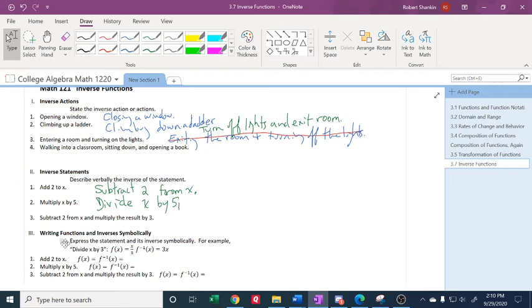I'll open this up to anybody. Subtract 2 from x, multiply the result by 3. What's the inverse of this? This is Brianna from group 1 again. Yep. Would you add 2 and then divide by 3?